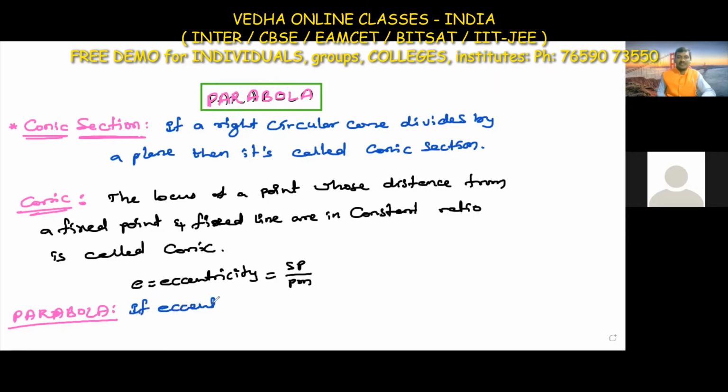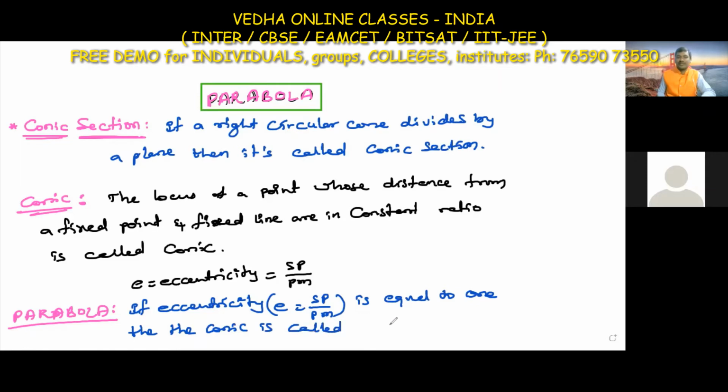If eccentricity e, which is SP by PM, is equal to 1, then the conic is called a parabola.